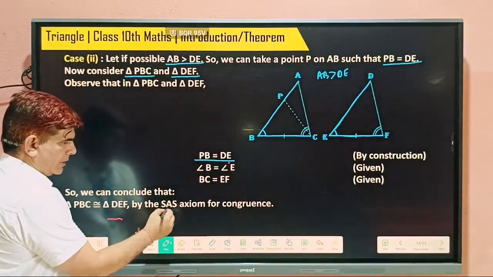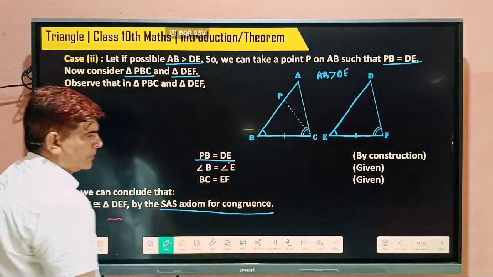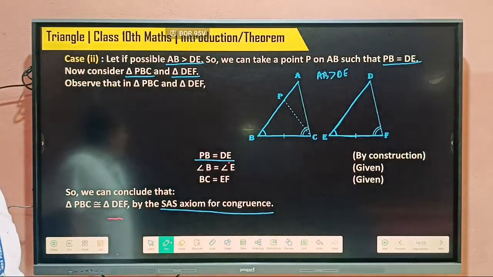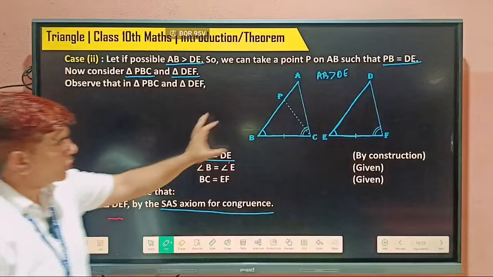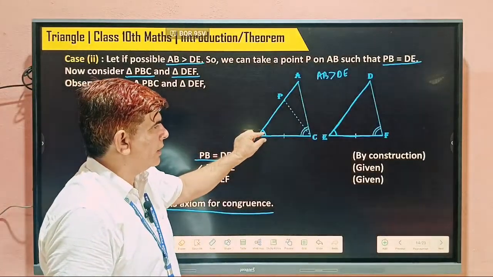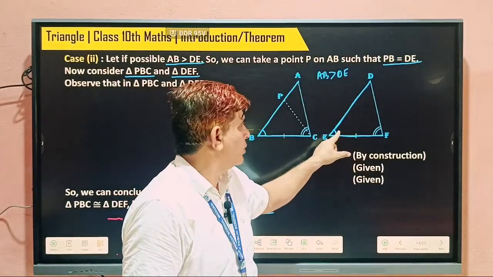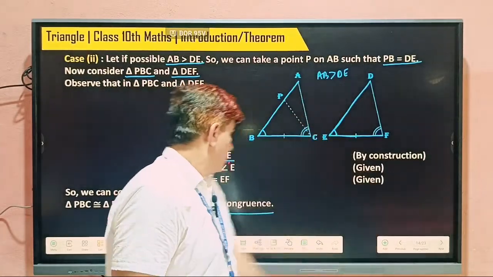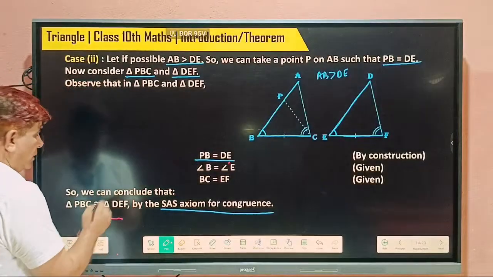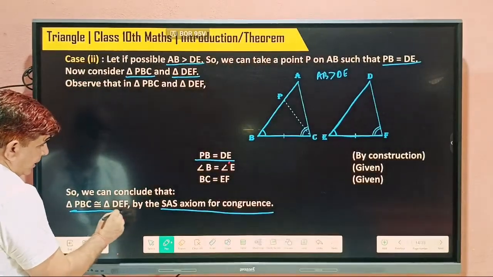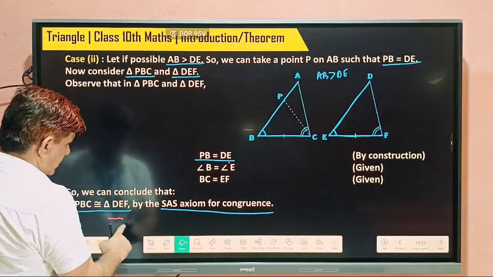Again it becomes SAS axiom. Satisfying the condition of SAS axiom, two sides and included angle are equal to the two sides and the included angle. Yes or no? So these two triangles, PBC and DEF, both are congruent.